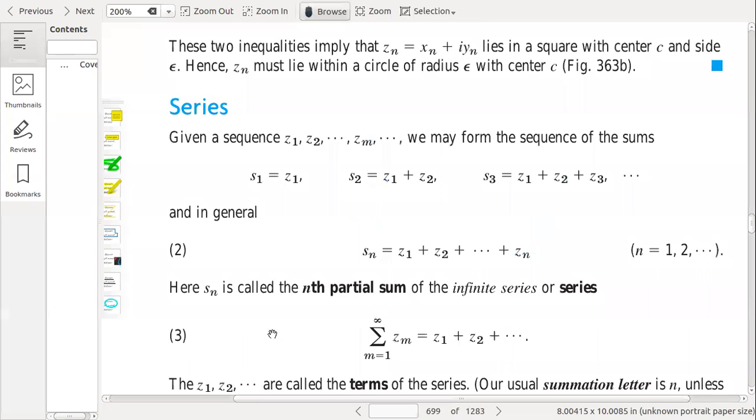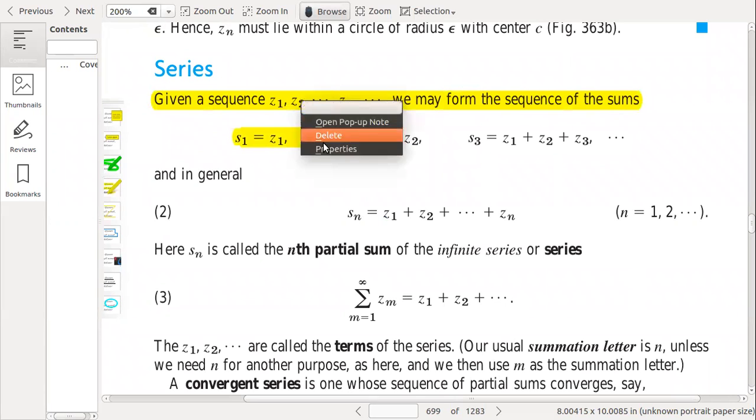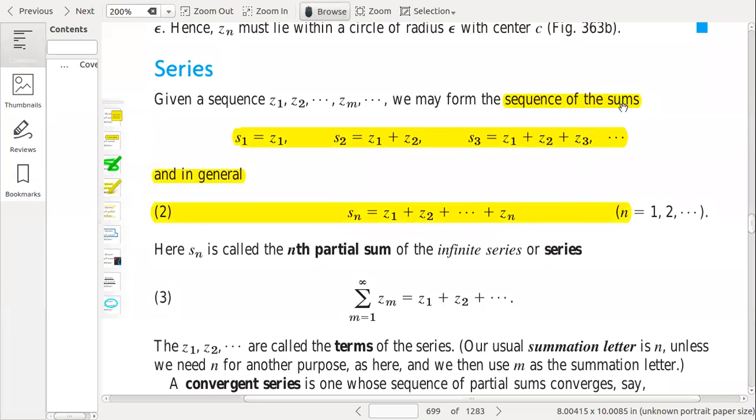And then what is a series? Given a sequence, we may form the sequence of the sums. The sequence of the sums is called the nth partial sum.